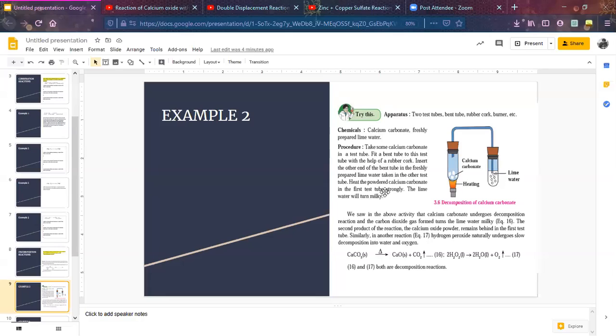Then we are heating the powdered calcium carbonate. So calcium carbonate is actually a white powder, and we heat it. And what will happen is CaO and CO2 will be formed. CaO is calcium oxide, CO2 is carbon dioxide. Again, two products are formed from one reactant.